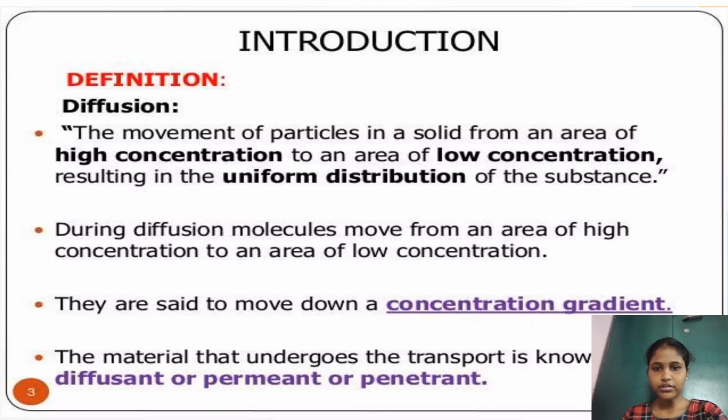During diffusion, molecules move from an area of high concentration to an area of low concentration. They are said to move down a concentration gradient. The material that undergoes the transport is known as diffusant or permeant or penetrant.